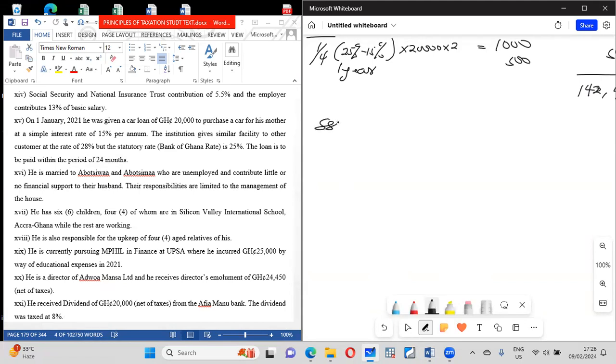The SSFs. First of all, the 13 must go back. The 5%. The 9% he is doing himself.